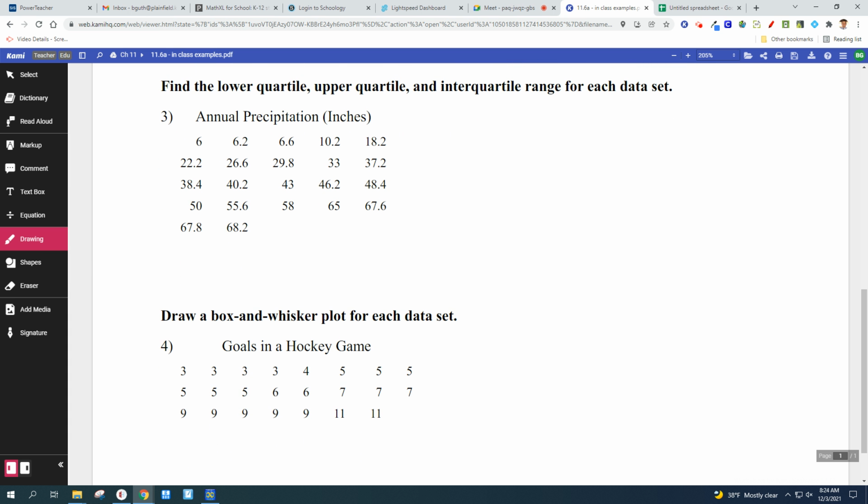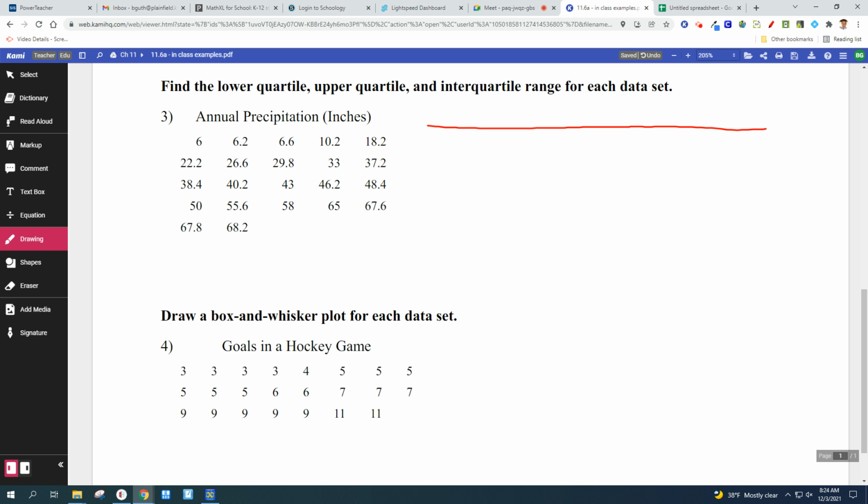Now, lower quartile, upper quartile, and interquartile range. These last two questions are probably the hardest ones because they're unfamiliar. It's not hard because it's hard. It's hard because it's unfamiliar. So basically, what I like to do on a question like this is lay out the numbers in a line. We're not going to do that here because it's going to be a waste of time, but imagine if we did.